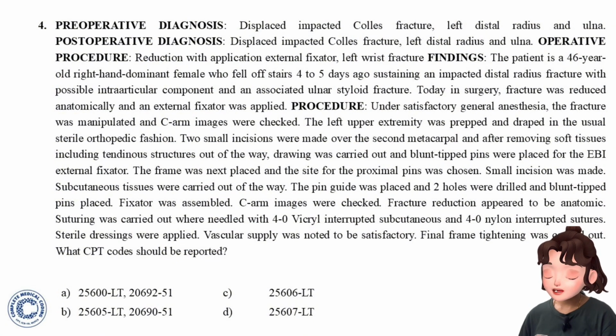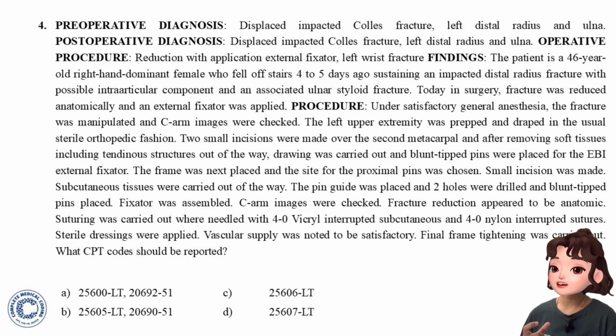What is 25600? Closed treatment of distal radial fracture, example Colles or Smith type or epiphyseal separation, includes closed treatment of fracture of ulnar styloid when performed without manipulation. But in our procedure, if you look at the starting of the procedure, even though it is history, there will be something that you will get from the story mentioned.